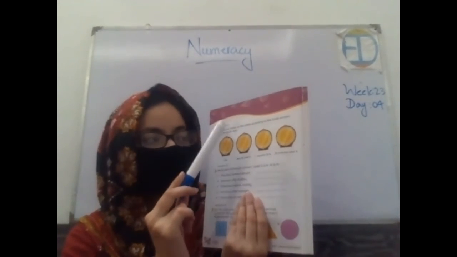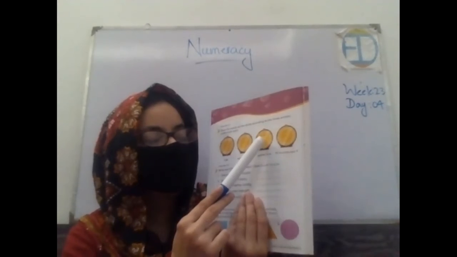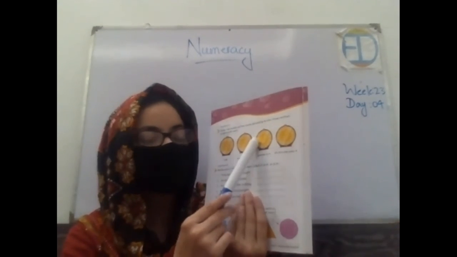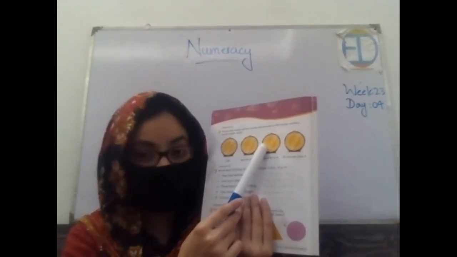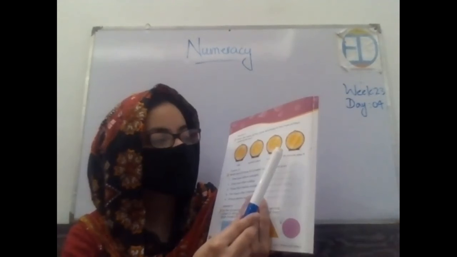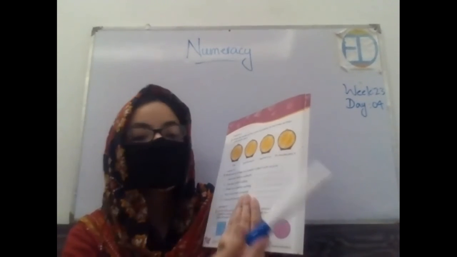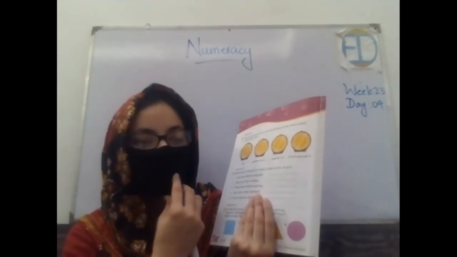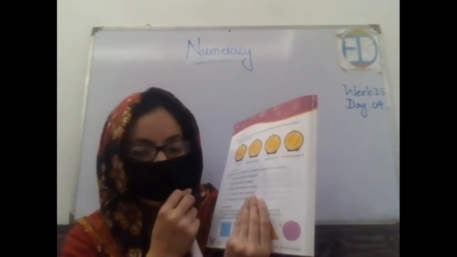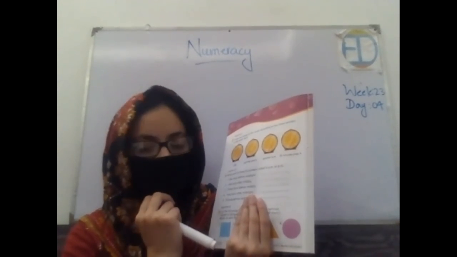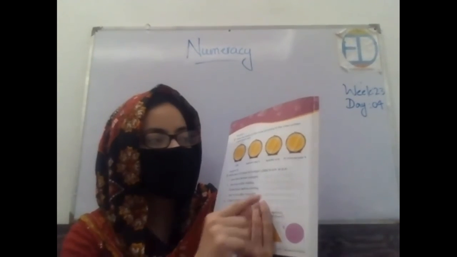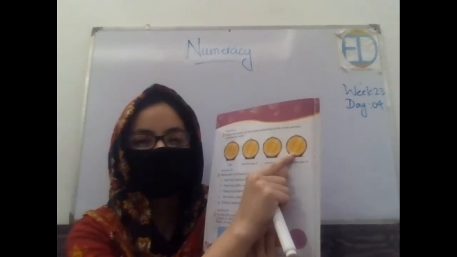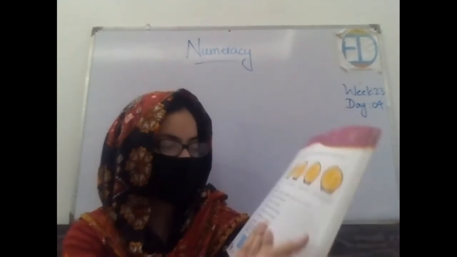Not in between, it would be closer to 4. And the minute hand would be pointing toward 9. Excellent. Okay. 35 minutes past 9. So this means that the hour hand would be pointing toward 9 and the minute hand would be pointing toward the 7. Very good.